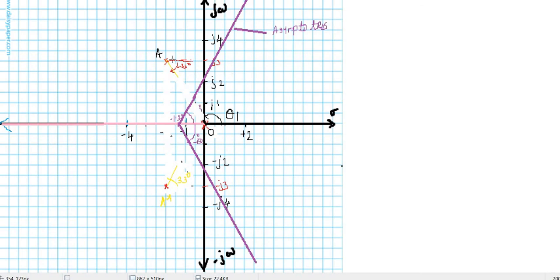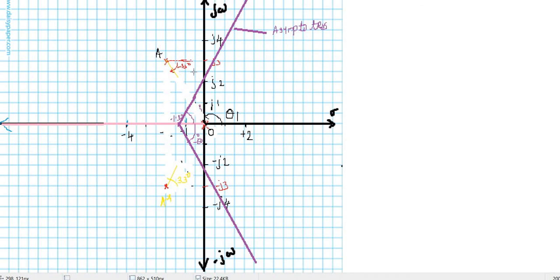So when we are drawing the root locus corresponding to these asymptotes, the root locus should never cross the asymptotes. That is the condition. It will go to the zero at infinity asymptotically. That is our assumption.